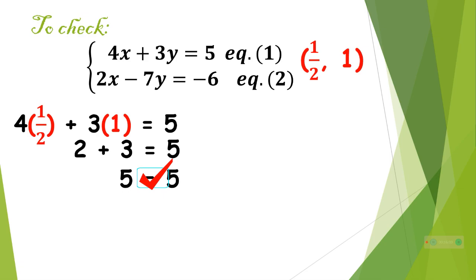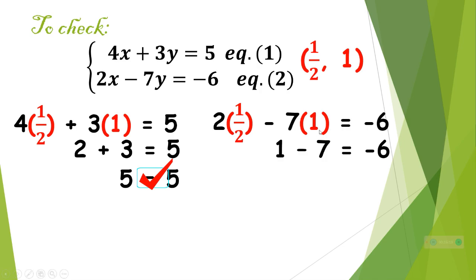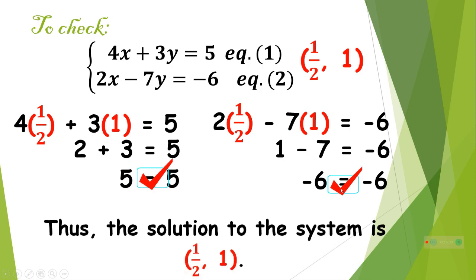On the second equation, we have 2 times 1 half minus 7 times 1 equals negative 6. 2 times 1 half is 1, minus 7 is negative 6, which is also equal to negative 6. So this time, since it is true on the first equation and true on the second equation, thus the solution to the system is (1 half, 1). Okay?